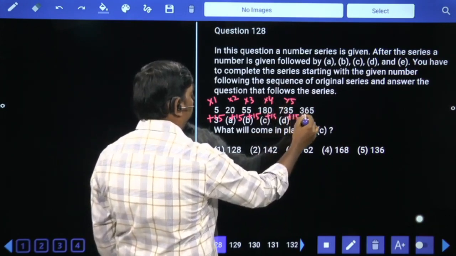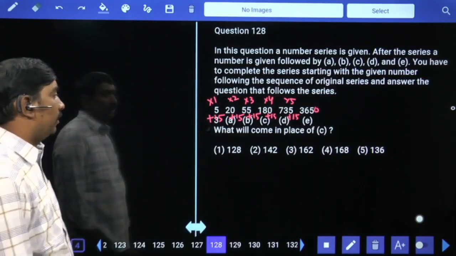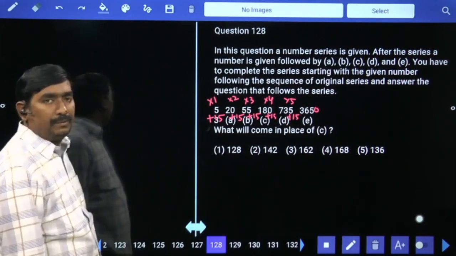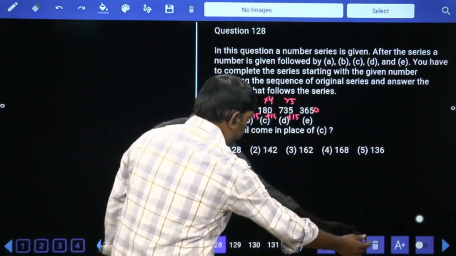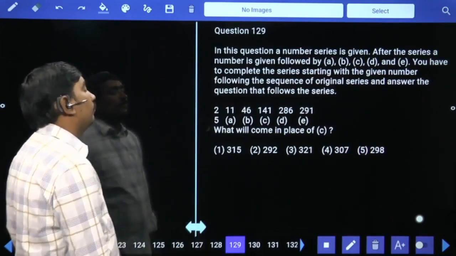Here not 365, that is 3650. Same logic. Into 1 plus 15, into 2 plus 15, into 3 plus 15, into 4 plus 15, into 5 plus 15. Same logic, you can frame the second series.